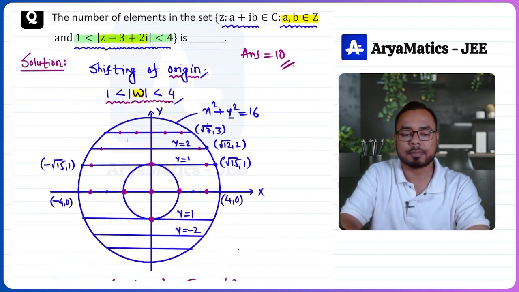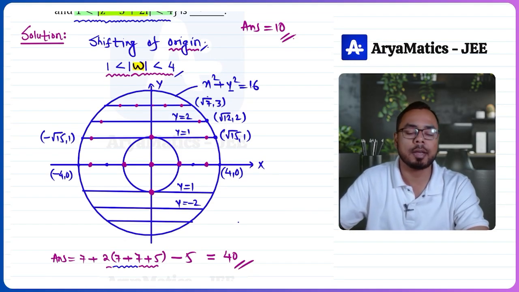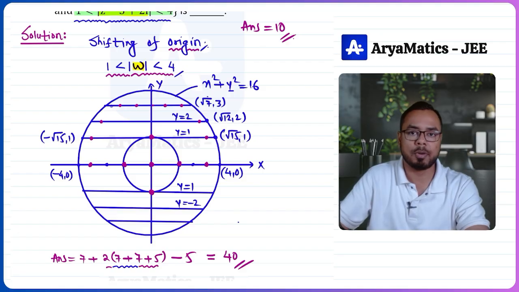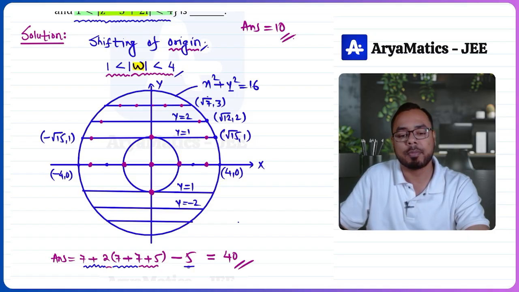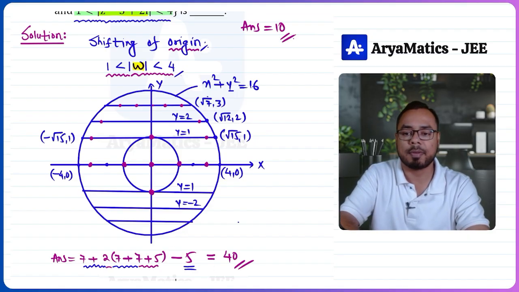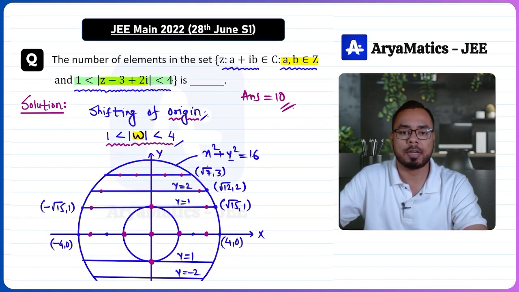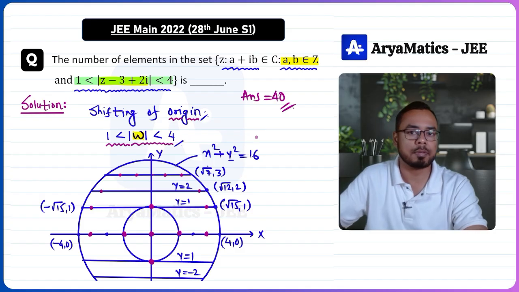And first count: whenever we need the number of points with integral coordinates either inside a circle or an ellipse, you just draw a number of parallel lines and count how many points there are on the y = 1 line, the y = 2 line, and so on. So finally we got 45 points inside the bigger circle, and 5 points were either on the smaller circle or inside that circle. So our final answer will be 45 minus 5, which is 40, and that should be the correct answer for this problem.